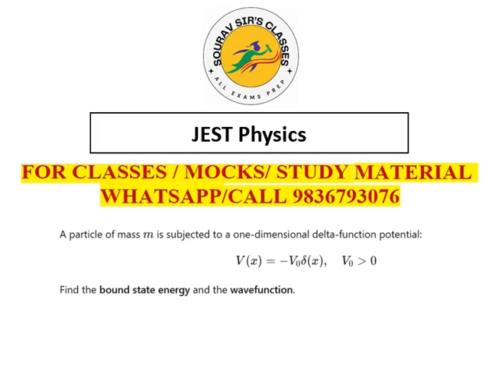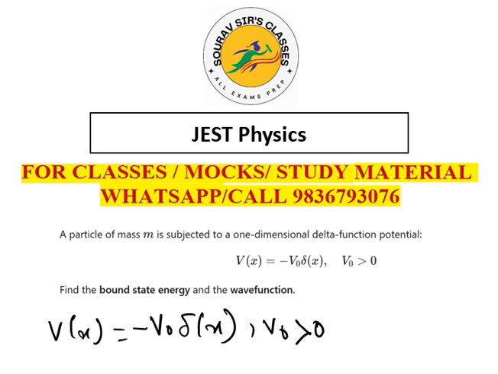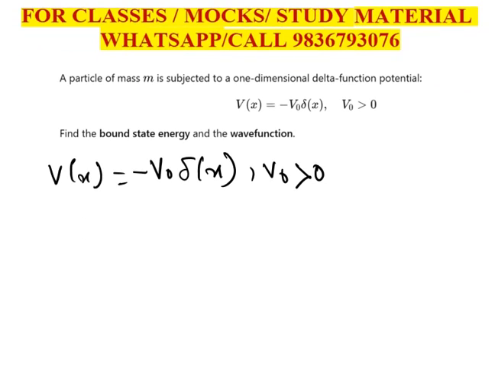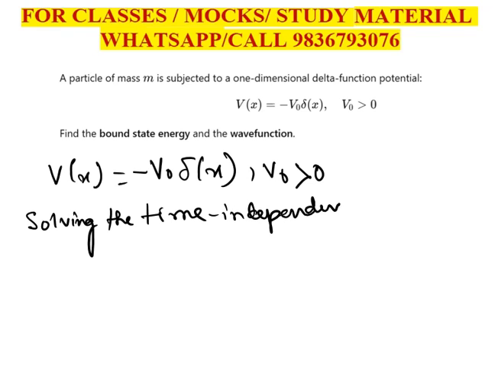So we have the potential which is given as V(x) equal to minus V0 delta of x, where V0 is greater than 0, right? We will solve the time independent Schrödinger's equation.